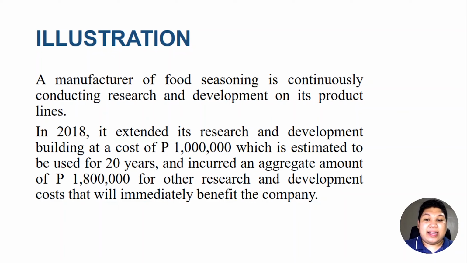And aside from that, it incurred an aggregate amount of 1.8 million for other research and development costs that will benefit the company. So this 1.8 million could be amortized or could be deducted in full, depending on the option of the taxpayer.